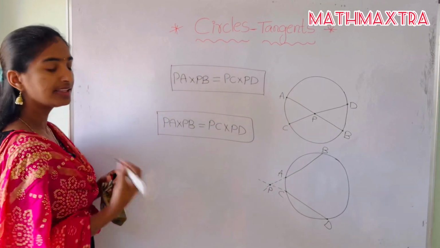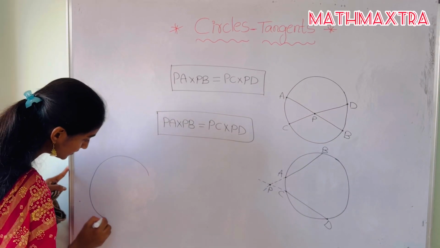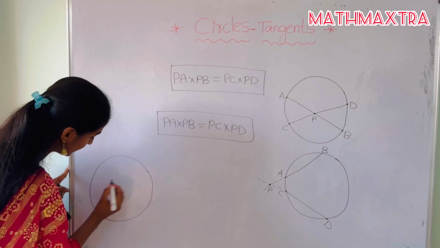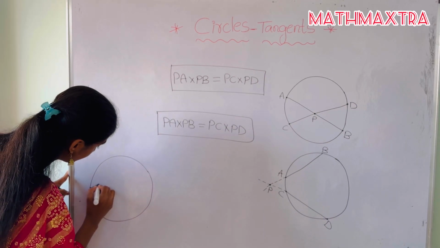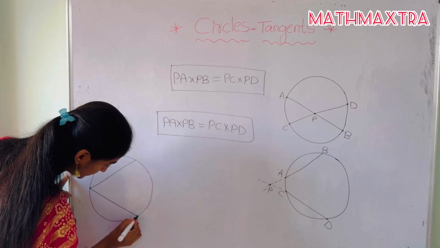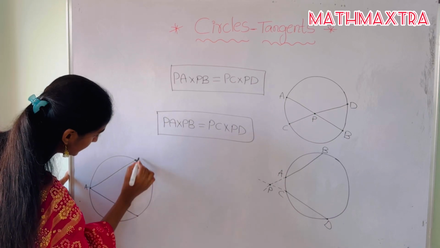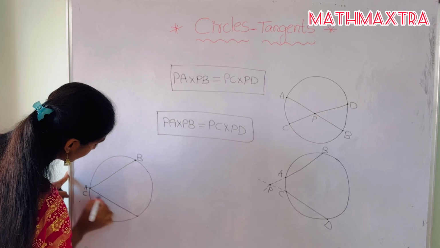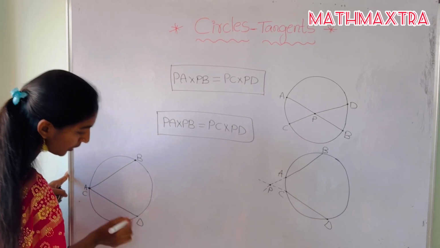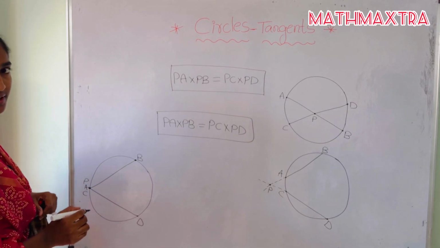And if you see another case, if this is a circle and these are the two chords, this is the AB chord, this is the CD chord, and this is the intersection point of these two chords, which we call P, isn't it?